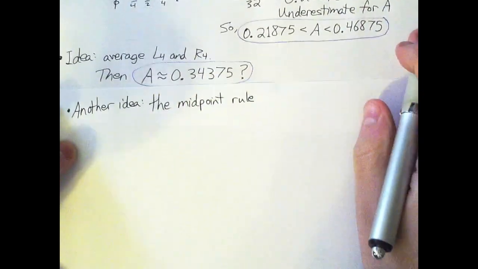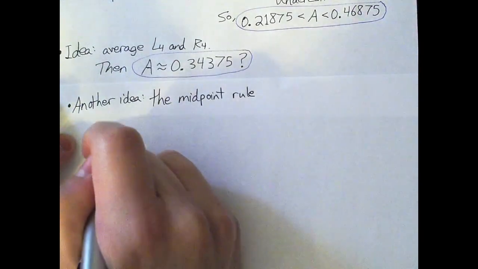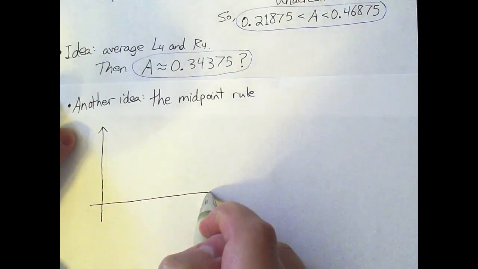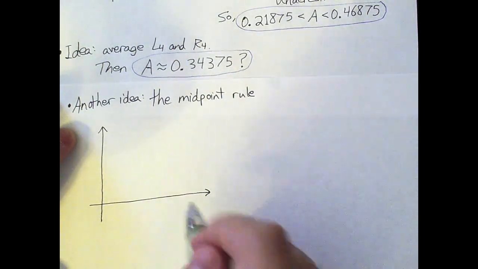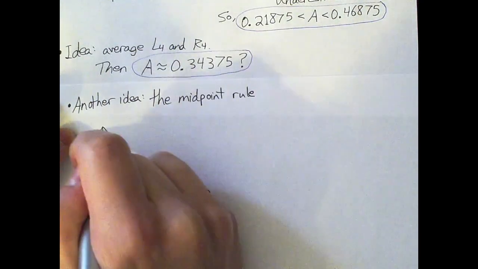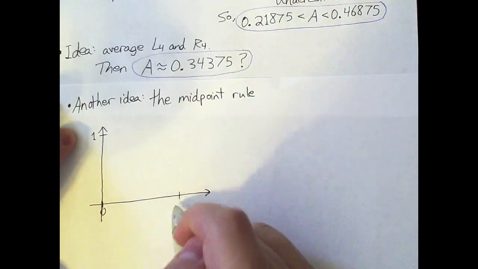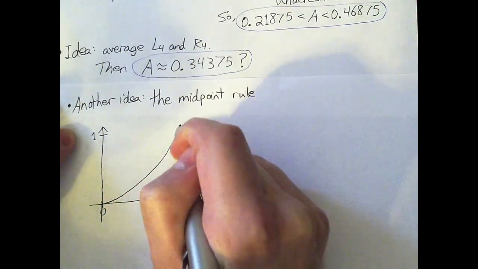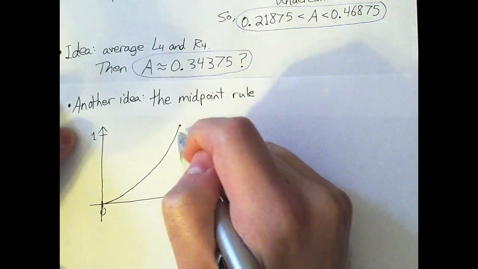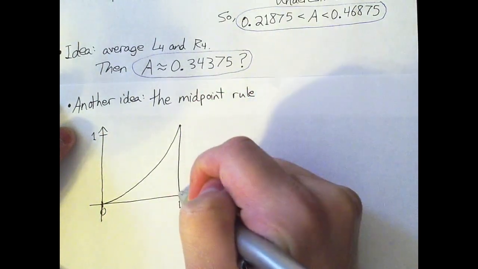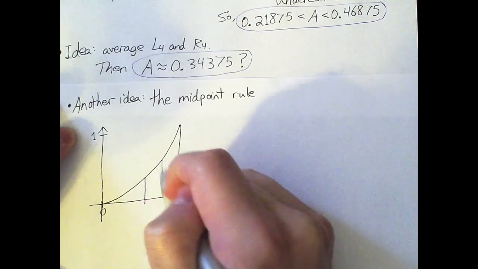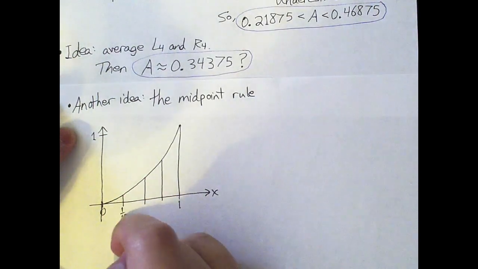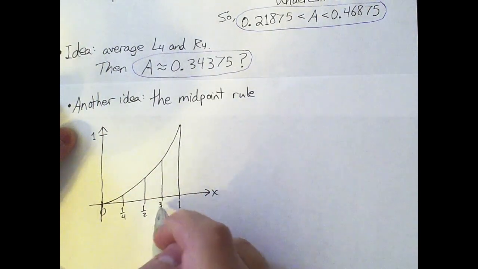And this is where we're going to chop the region up into rectangles. It's still going to be 4 vertical strips. We could actually go back to that exact same picture of 4 vertical strips. This is the region, and they still kind of touch the x-axis at 1/4, 1/2, 3/4.